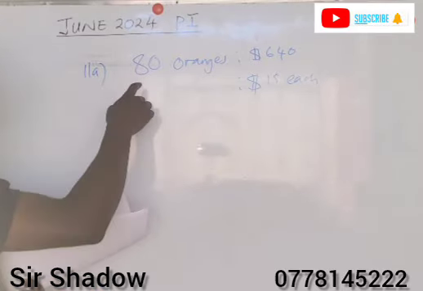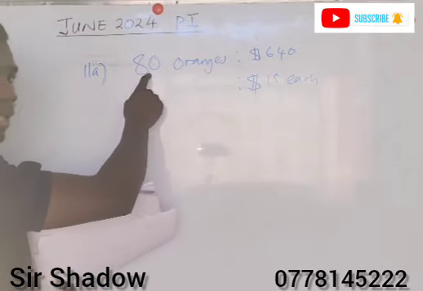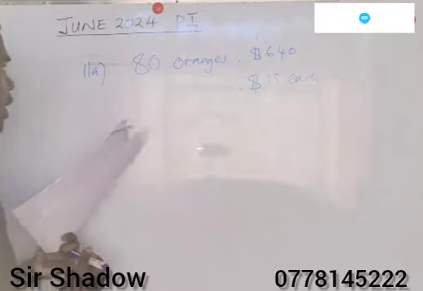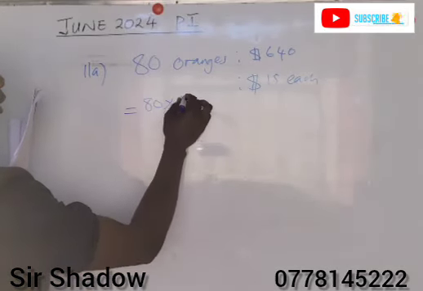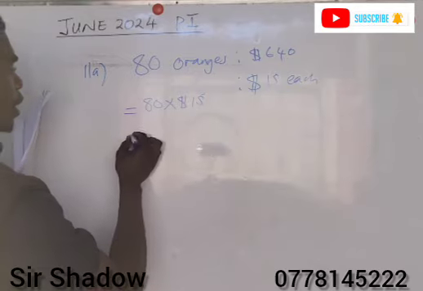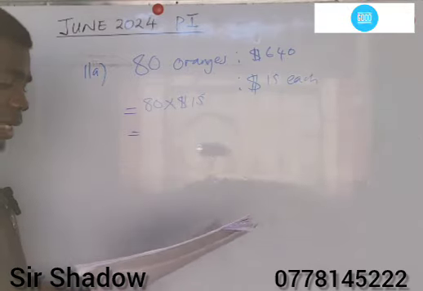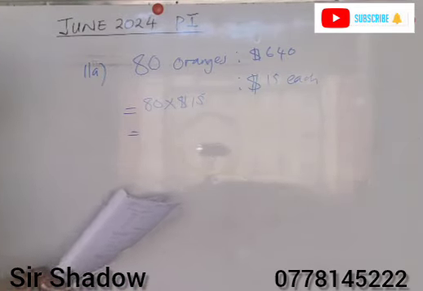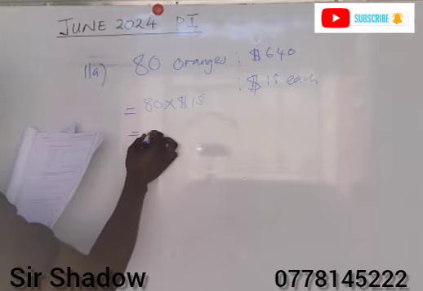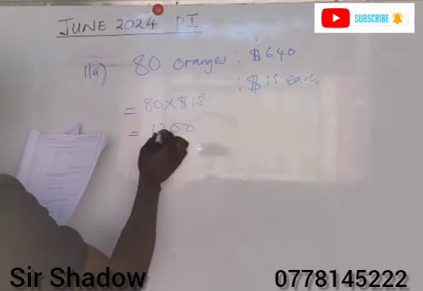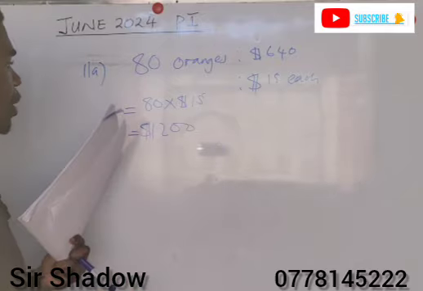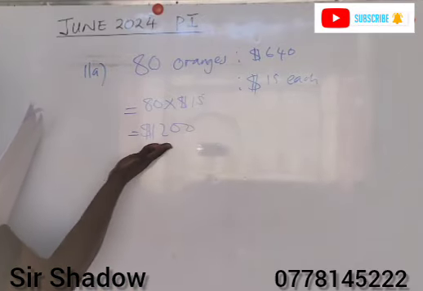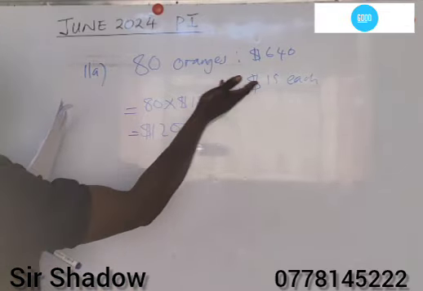So we want to see how much he earned after selling 80 oranges at $15 each. We say 80 oranges multiplied by $15, so it becomes 1,200. This is the amount he got after selling 80 oranges.